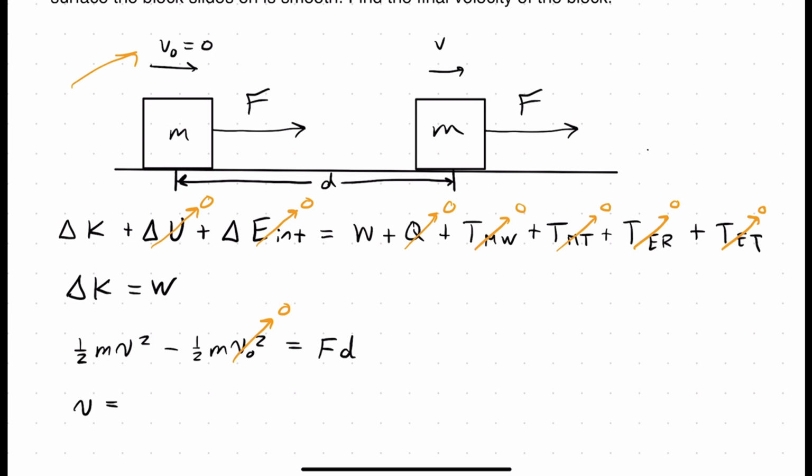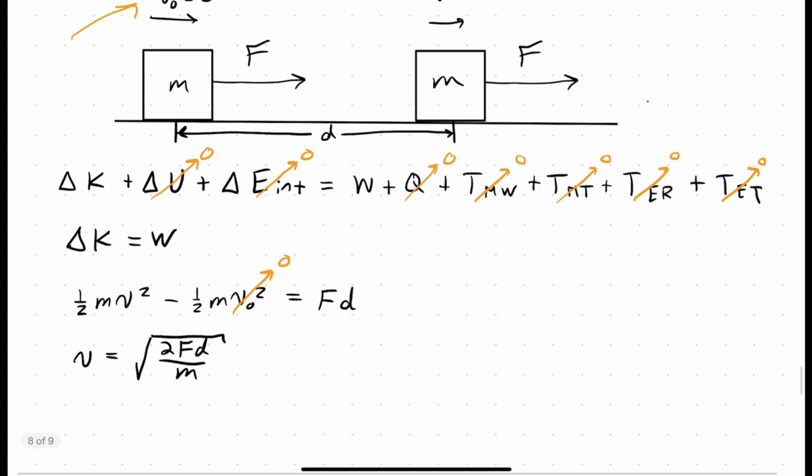We multiply both sides by 2 over m and take the square root. Get that v is equal to the square root of 2Fd divided by m. And let's move on to another quick example.